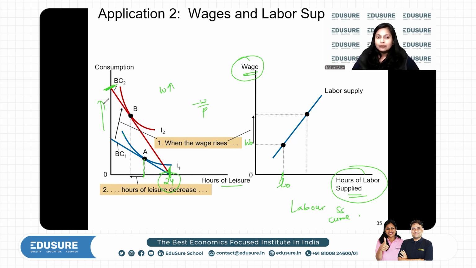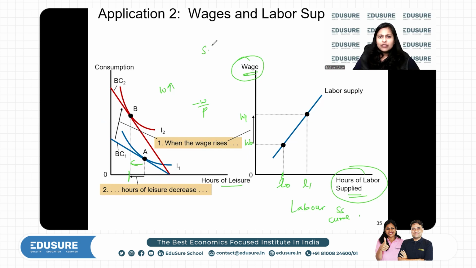You can consume more. Now, when wage increases, if the strength of the substitution effect is larger, then you will reduce your leisure hours, which means when wages increase to W1, you will increase your labor hours.